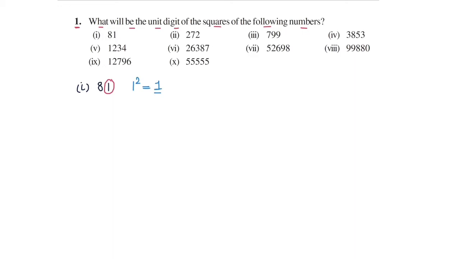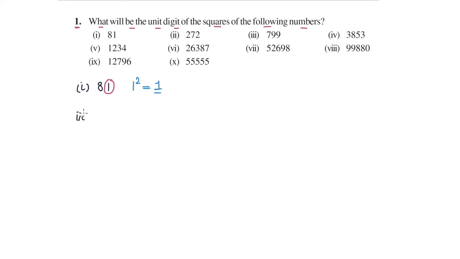Basically, what we have to do in this question is find the unit digit. To find the unit digit of the squares, we are not going to square the whole number. We just need to find the square of the unit digit so that we can find the unit digit of the result also. As you can see, we have not squared 81, we have squared 1, and we get 1 as our answer.